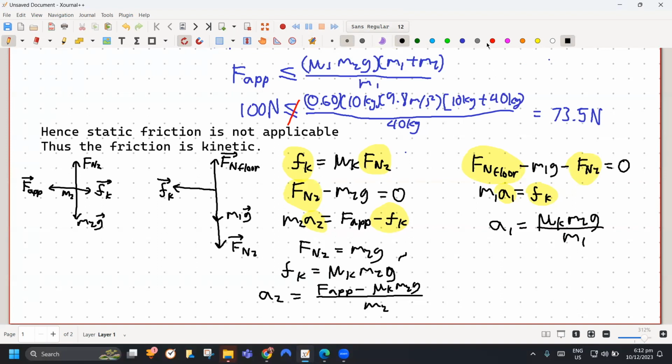Kung ang coordinate system natin ay positive x to the right, yung m2 times a2, di ba yan yung x component ng acceleration? Bakit yung F applied positive? At bakit yung kinetic friction negative?